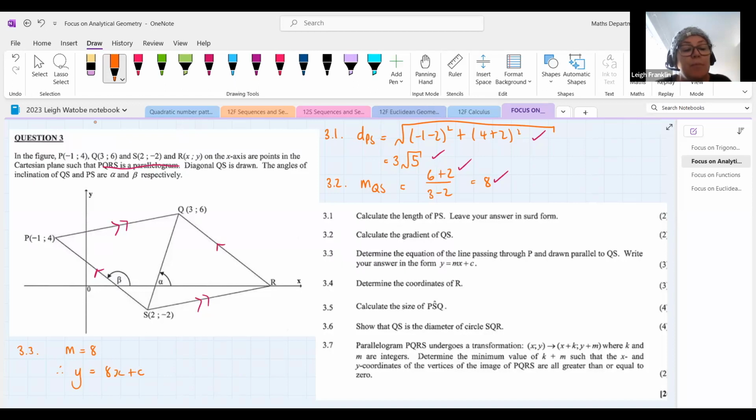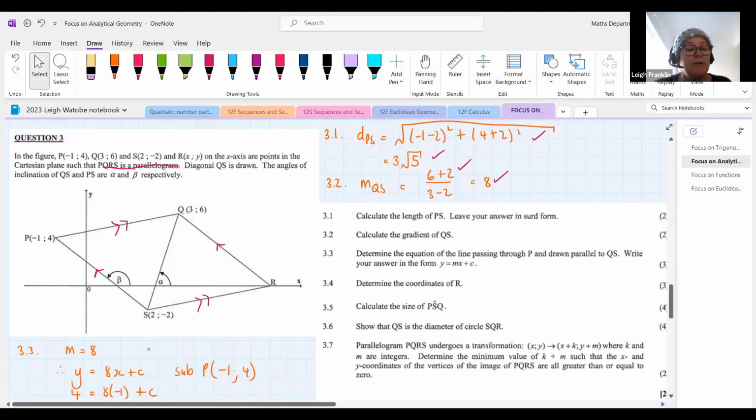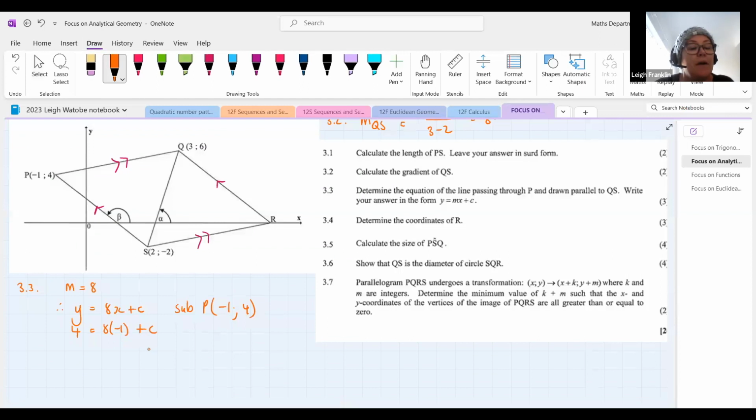It passes through point P. So now we need to sub in the coordinates of P, -1 and 4. So we've got 4 equals 8 times -1 plus c. And that means that c would be equal to 12. So it would be the line y equals 8x plus 12. Are you guys getting that as an answer?